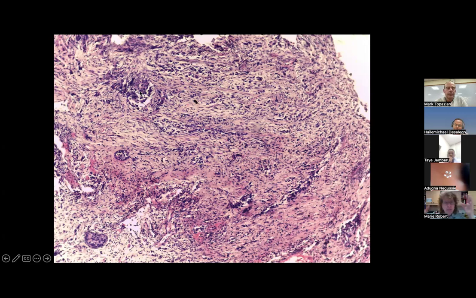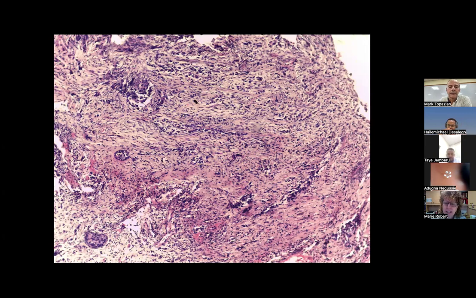And while we do get submucous glands and invaginations of epithelium, those should be sort of lobulated and rounded structures. So I was suspicious at this magnification that we had a lot of also single cells and an infiltrative pattern. But let's look at the next slide.